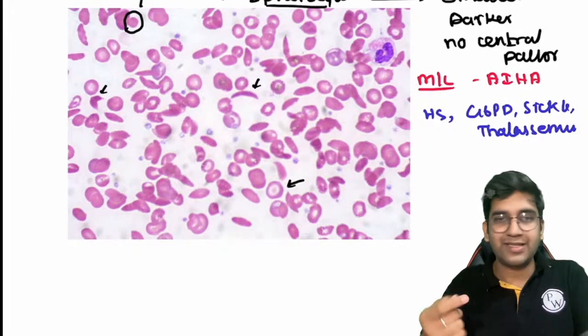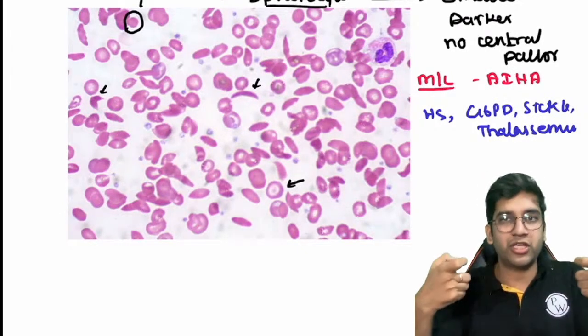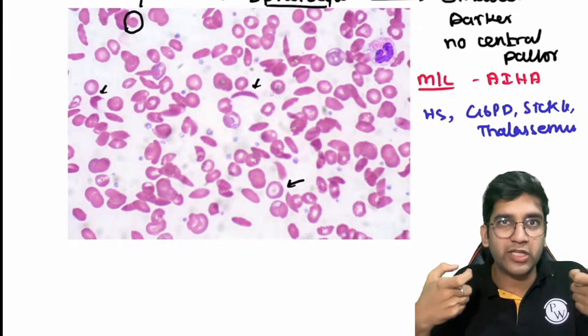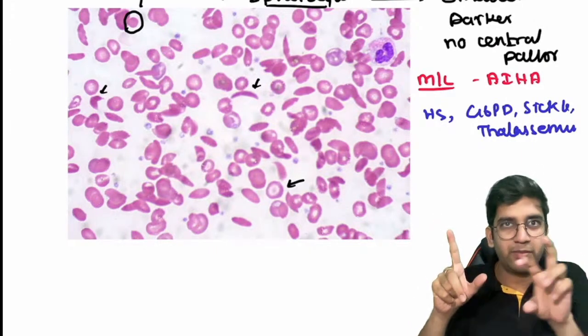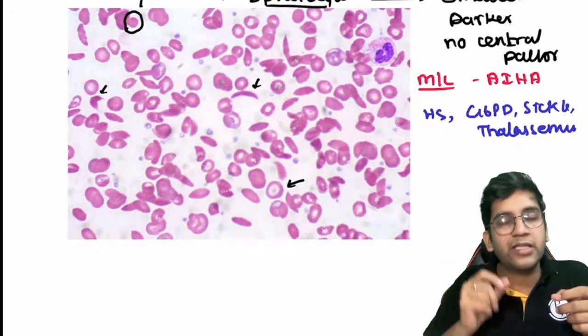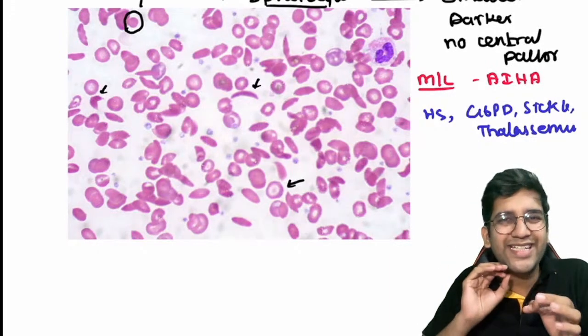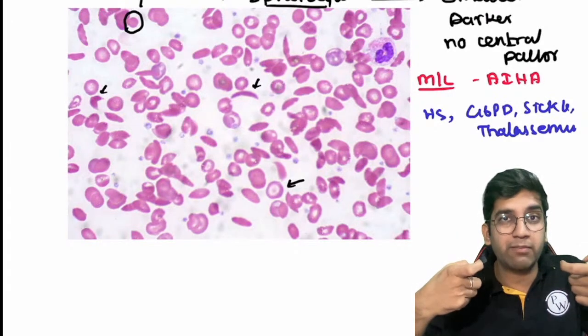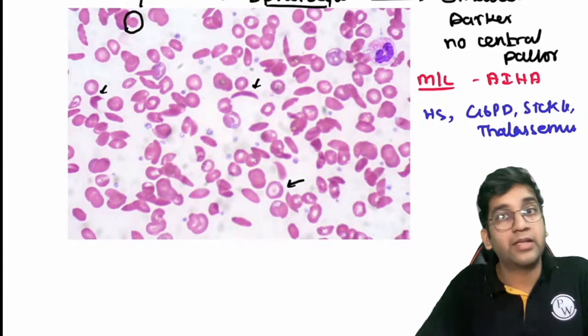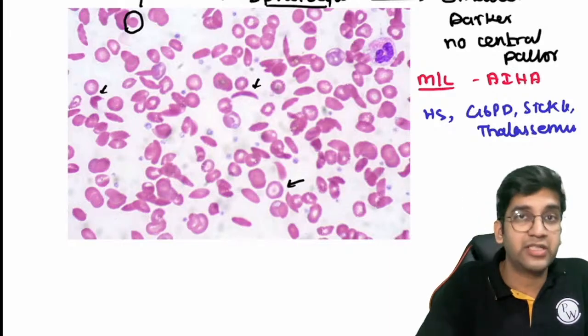How to remember: let's assume RBC is a stretched rubber band. That's how biconcave is, right? Let's say this is what is stretching it, and I leave this finger, it becomes round. Any slight destruction of the membrane or of the protein which holds them to make it biconcave, it becomes spherical. That's why it's seen in spherocytosis, G6PD, sickle, thalassemia, everywhere.